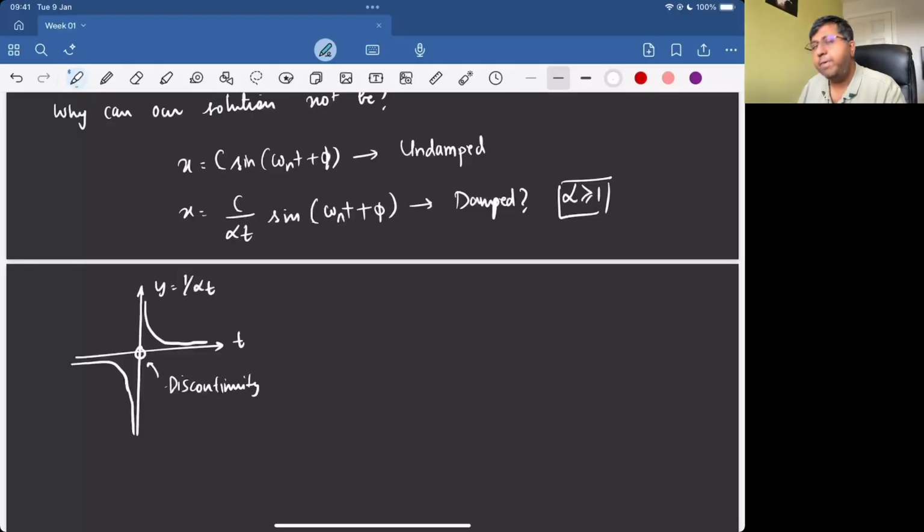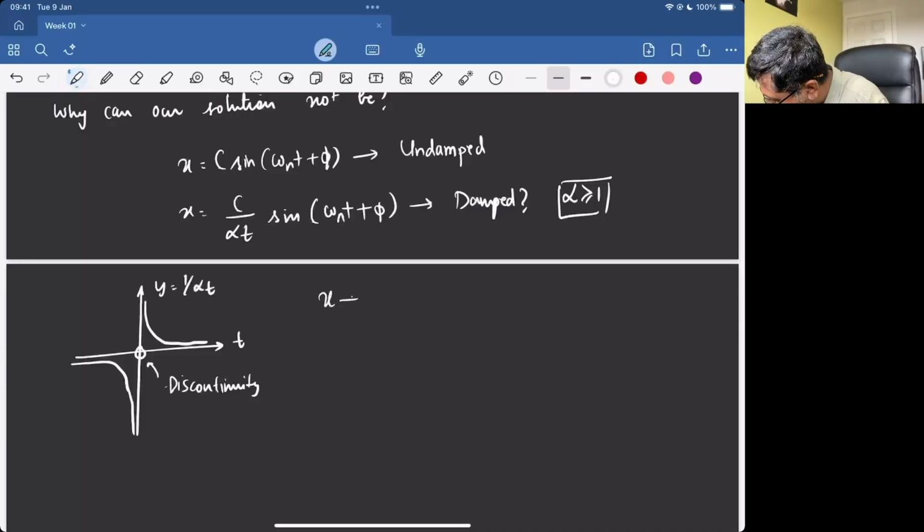At time t equal to 0, the value of y is undefined, right? But then we need x to be defined all the way from time t equal to 0. Why? Because we need to calculate the velocity, we need to calculate the accelerations.